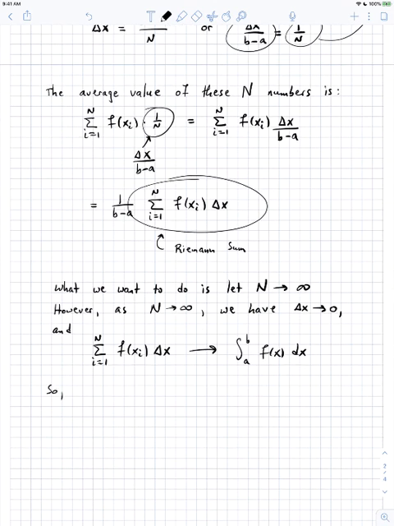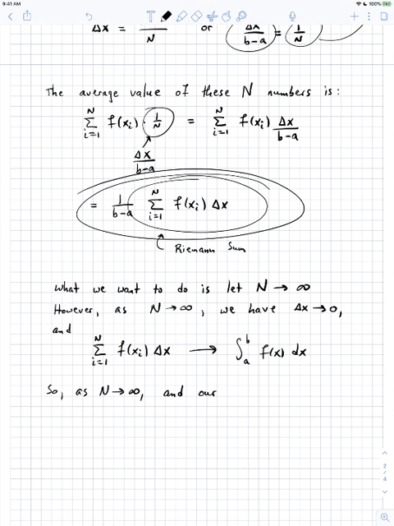So, as n goes to infinity, and our sum, well, when I say sum, I need to be a little bit more careful. What sum do I mean? I mean this.